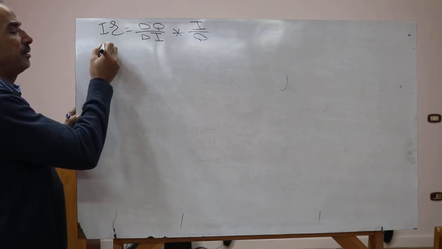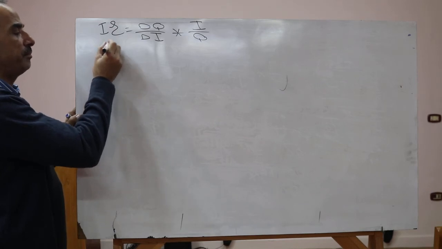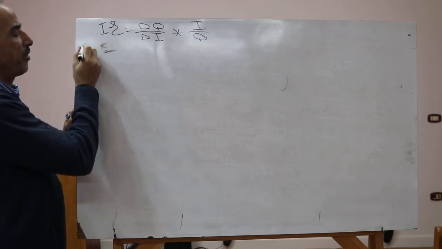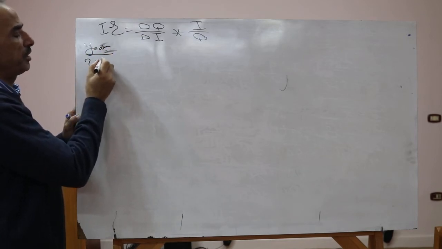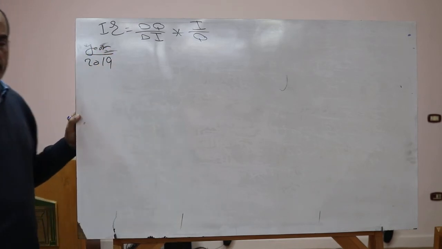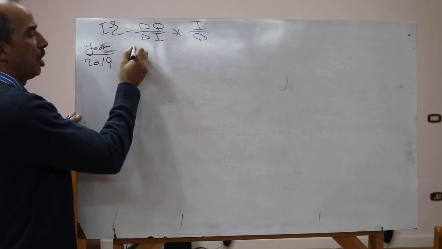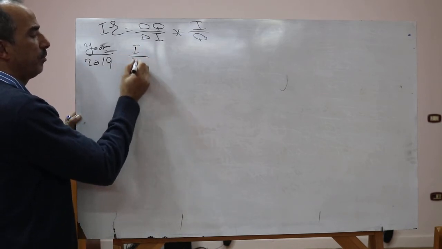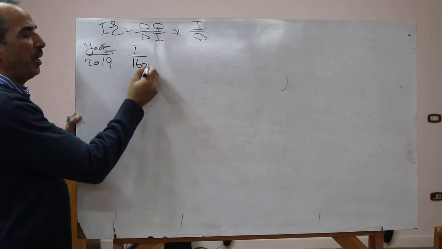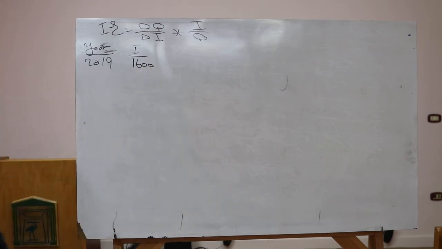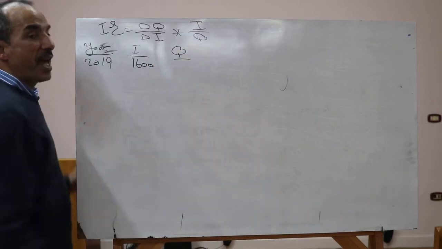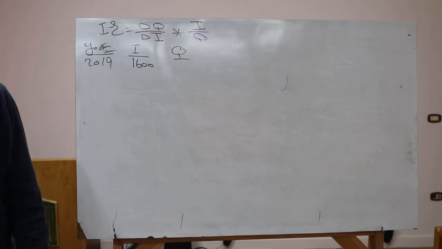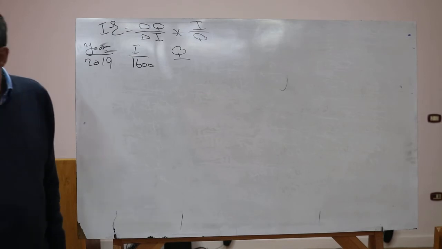When the income, in the year 2019, the income is $116, the quantity, the demand equals 100.